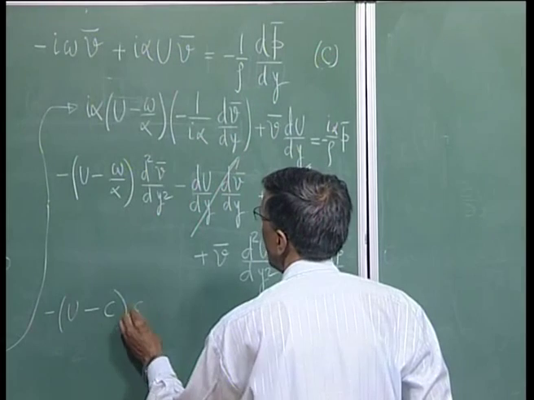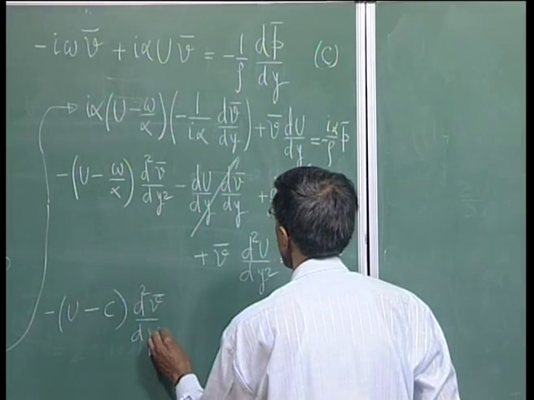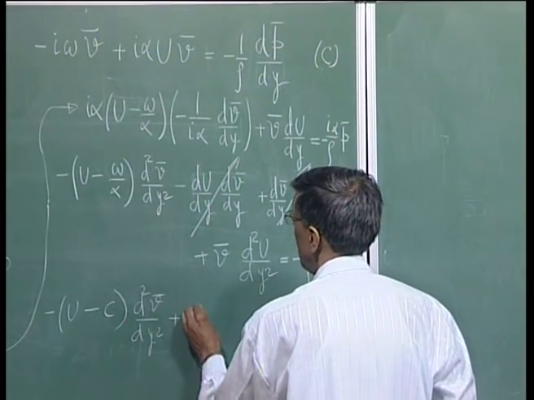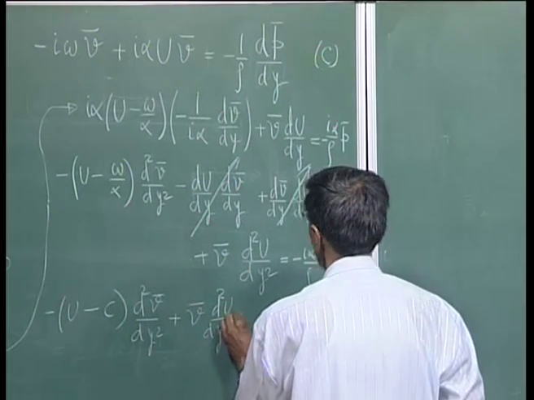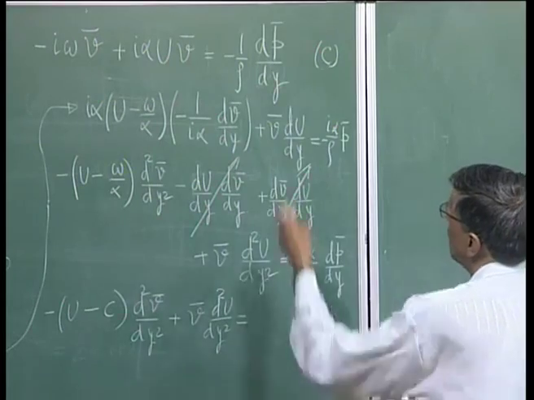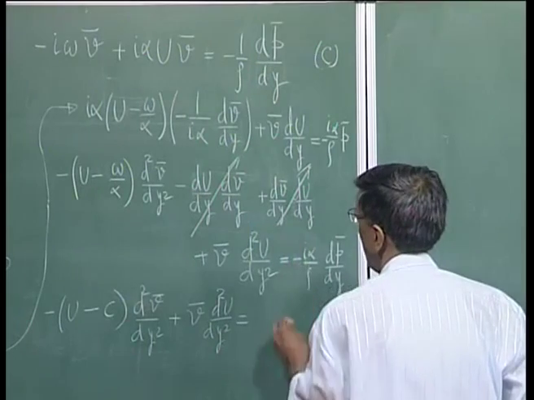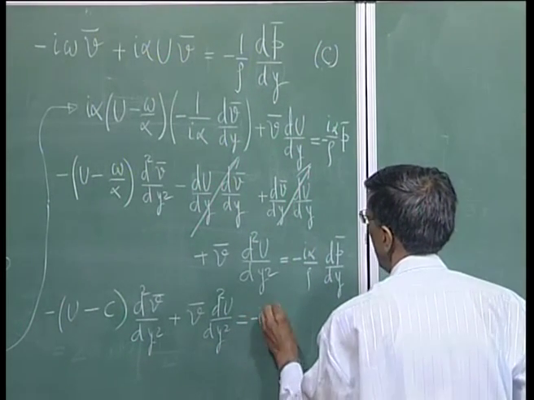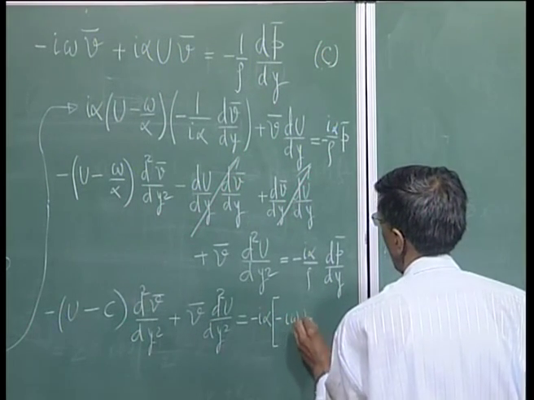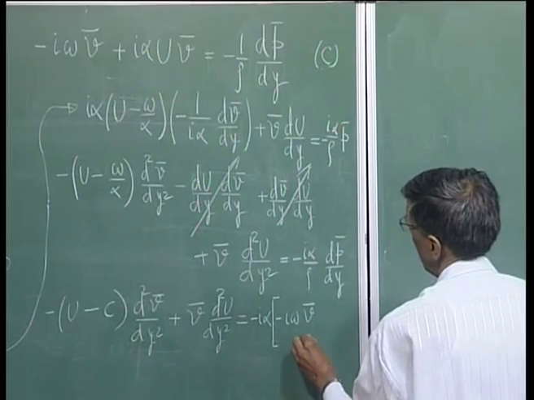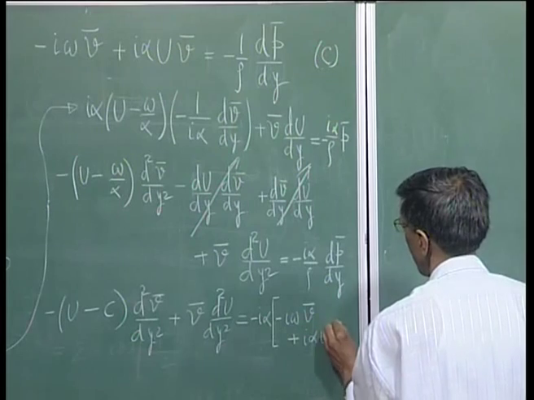Okay, and then I have d2v bar dy square plus v bar d2u dy square is equal to, I have 1 upon rho there, so I'll get minus I alpha, and within brackets I will have that expression: minus I omega v bar plus I alpha u v bar.